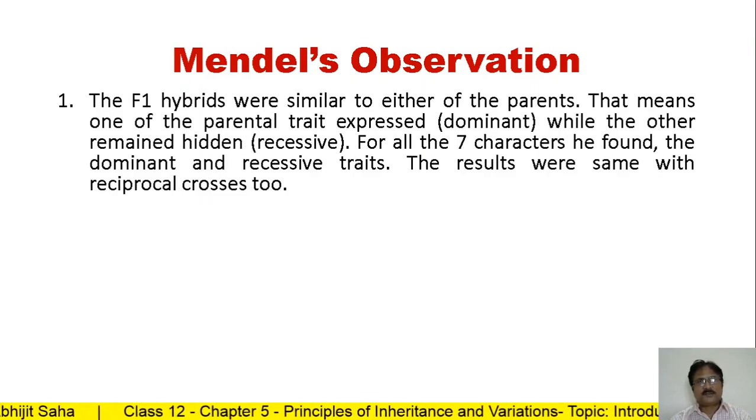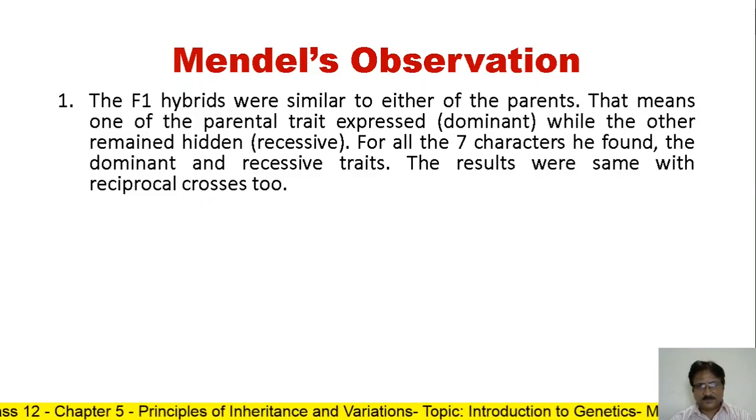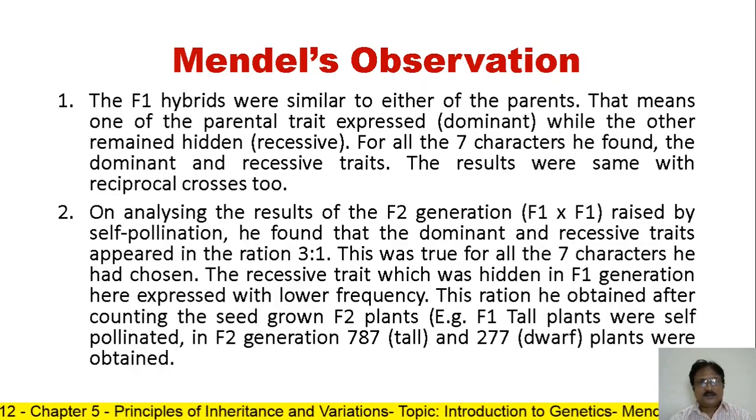Similarly, for all the 7 characters, he conducted experiments and finally came to a conclusion for each character, what is the dominant trait and what is the recessive trait. While doing such experiments, he performed reciprocal crosses and found that reciprocal crosses gave the same results.